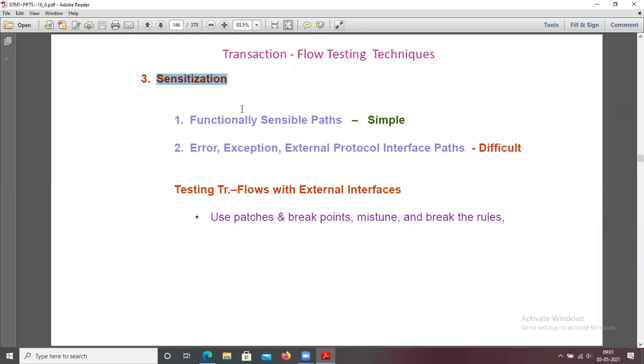Sensitization is nothing but finding a path for predicate values. If there is any decision, you are going to find the path for it, and that is called sensitization. Sensitization is the third step in transaction flow testing strategies.